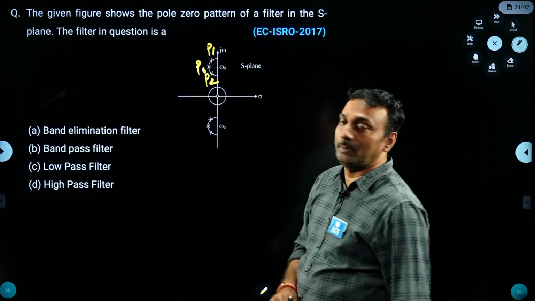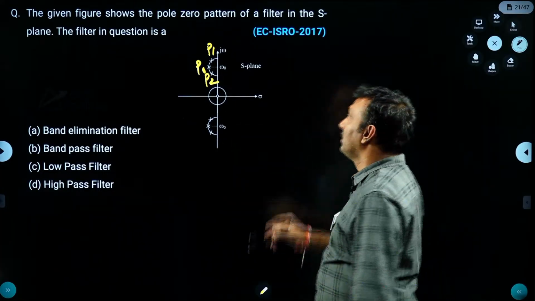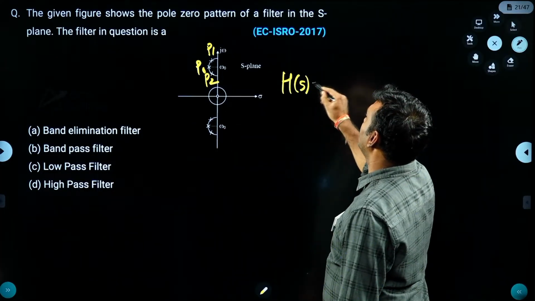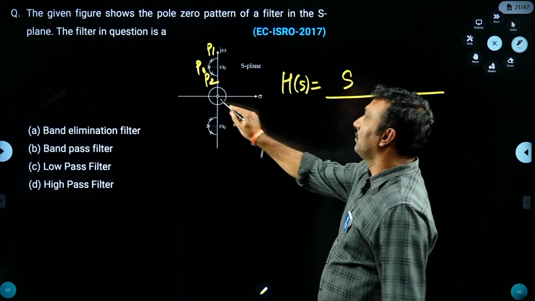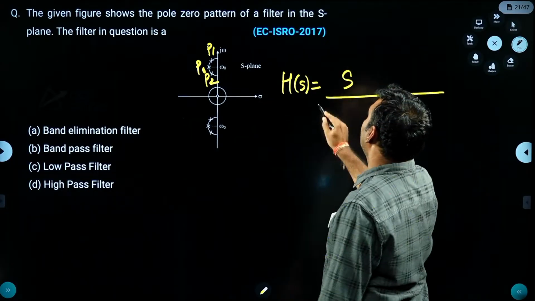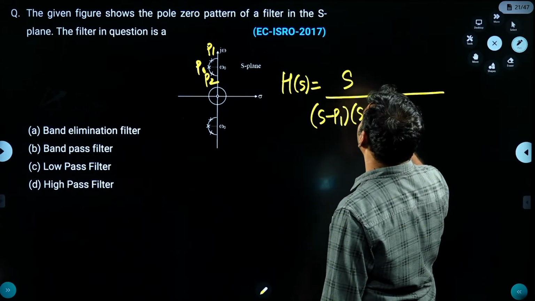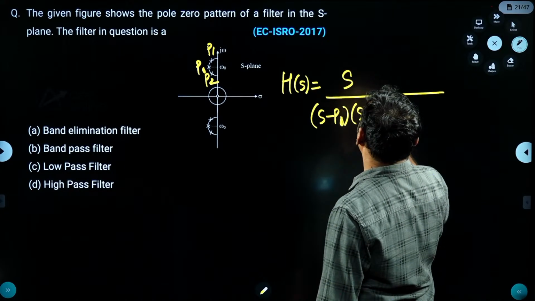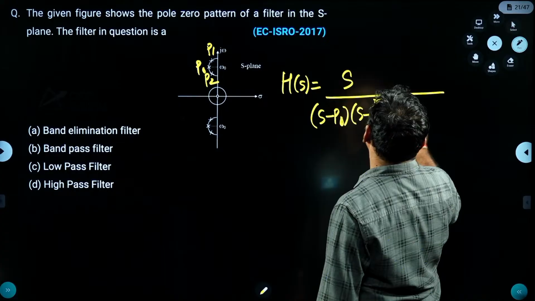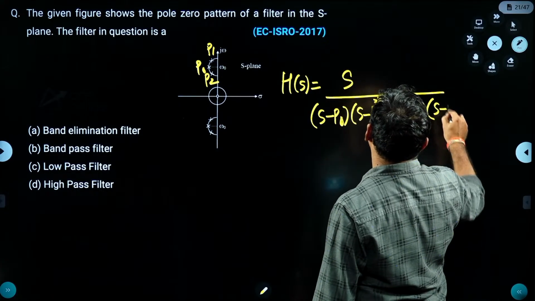They are conjugates. So you can write the transfer function as only one 0 s divided by, we have a 0. First I will start with P0. Then s minus P1 into s minus P1 conjugate.